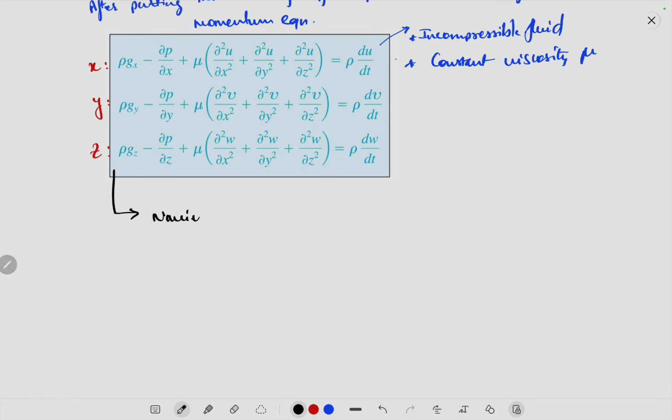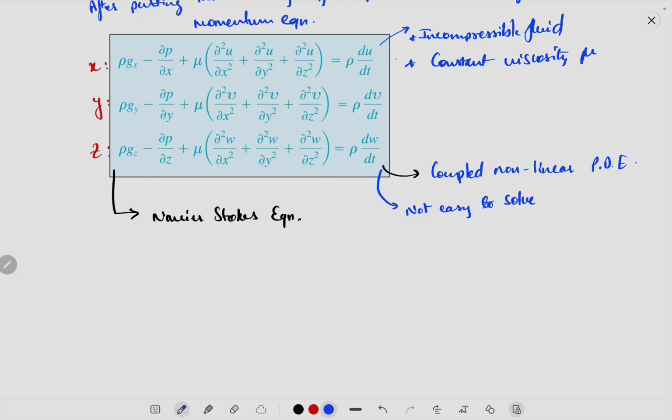and these are known as the Navier-Stokes equations. These equations, as you can see, are coupled non-linear partial differential equations, and in most cases they are not easy to solve.